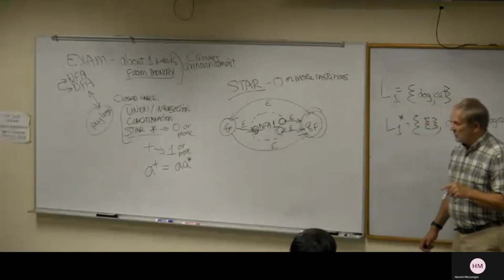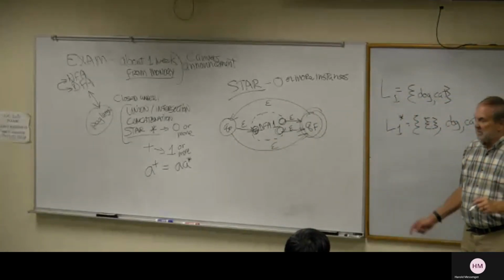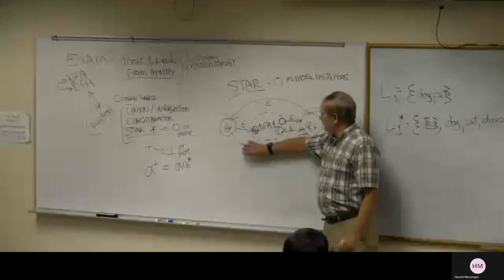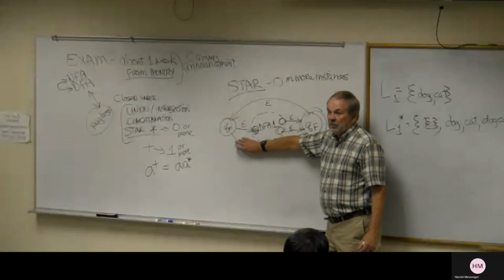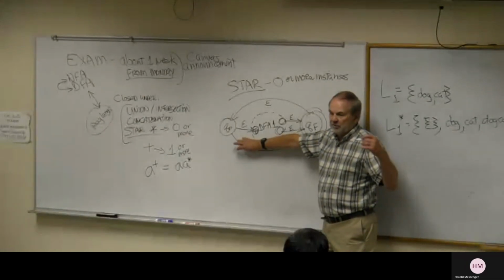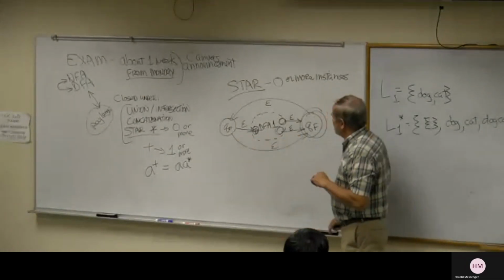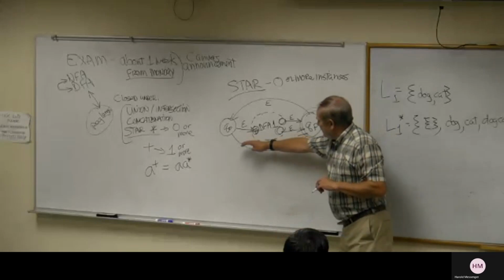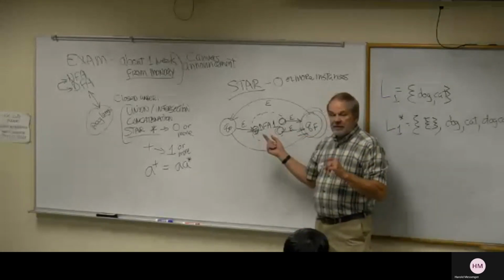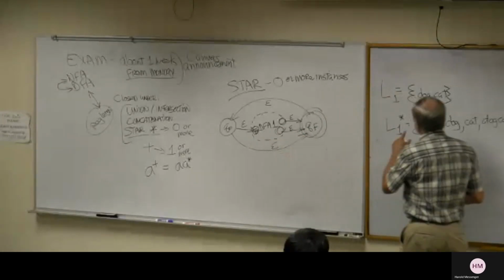But we're trying to prove the closure of the star. So if you didn't have that, if the empty string was already in, so the empty string is not in this language, but it is in the star of that language. But it could be in both.